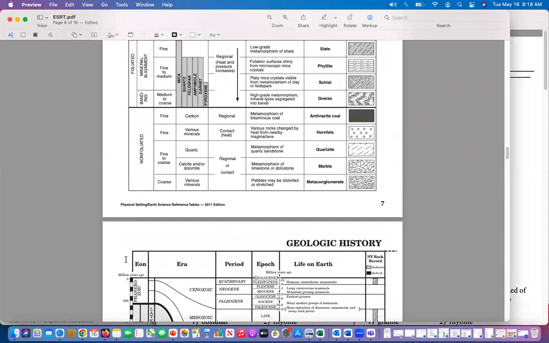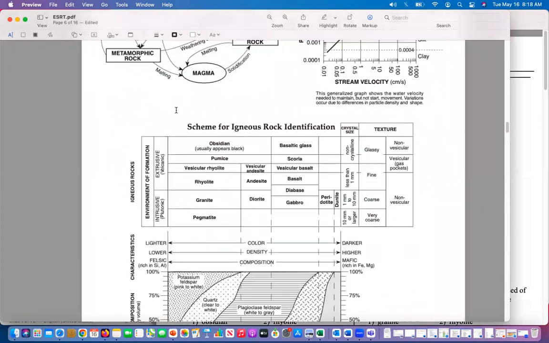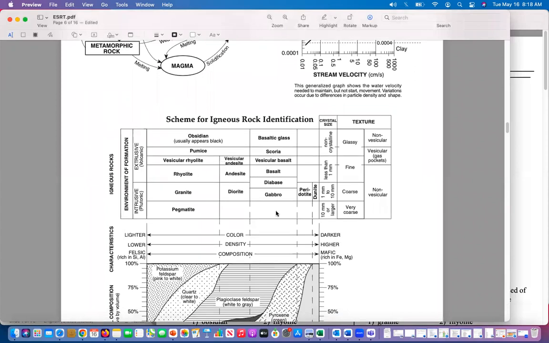And when I go to page 6, I see the 3 rocks given, right? Rhyolite, andesite, and basalt. And so if we take a look, we're looking at rhyolite, andesite, and basalt.